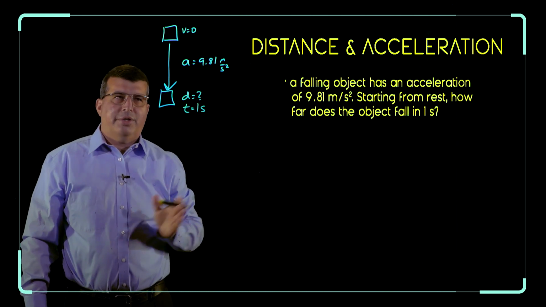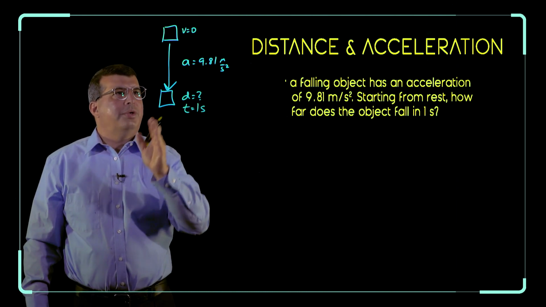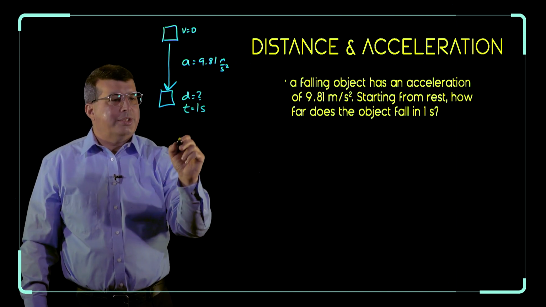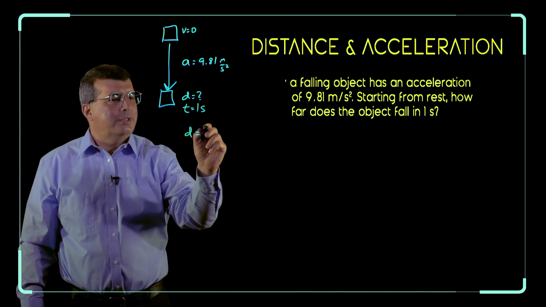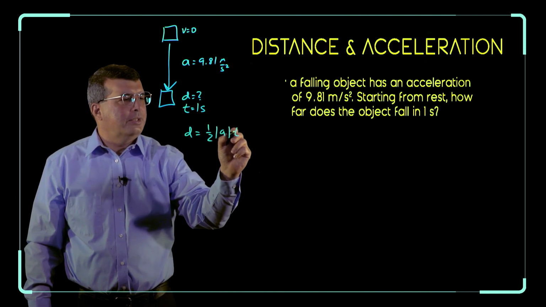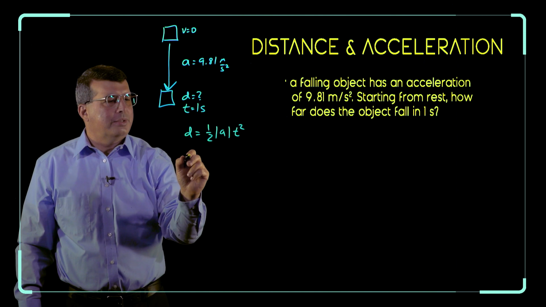That is everything that we're given. We want to know distance, and we know acceleration and time. So our equation: distance is 1/2 acceleration times time squared.